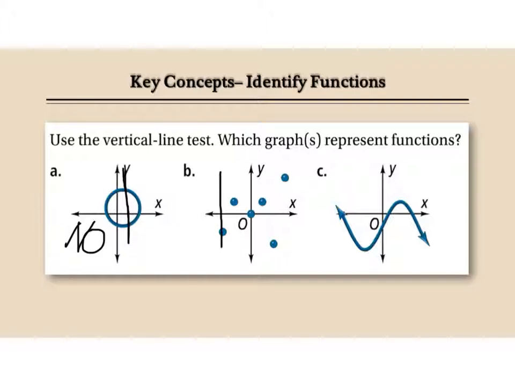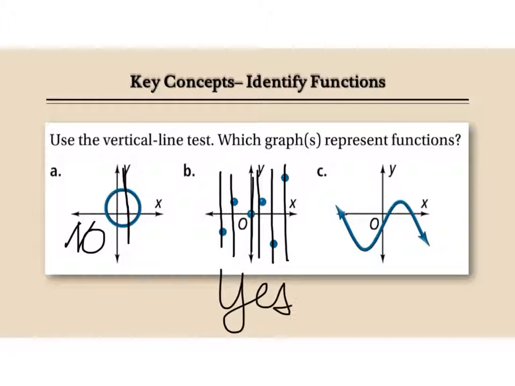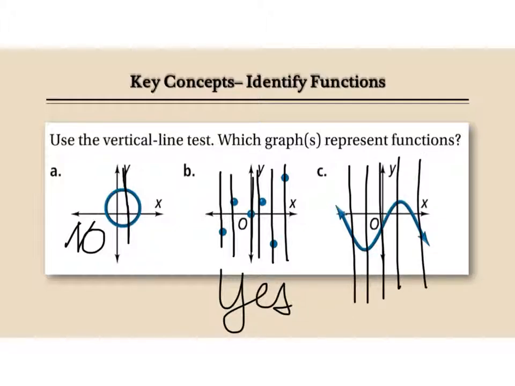If I draw a line through these, nowhere on those points do they pass through a second one. So yes, that is a function. And nowhere is it passing through more than 1 point. So yes, that is a function. So A is the only one that is not a function.